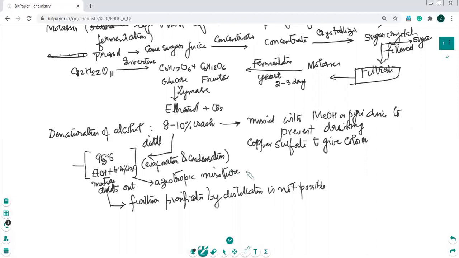It will have a boiling point less than both of the components, less than 69 degrees Celsius. 69 degrees Celsius is the boiling point of ethanol, and 100 is the boiling point of water.